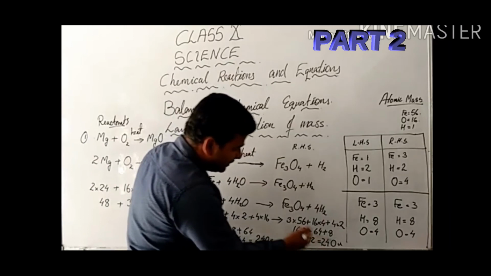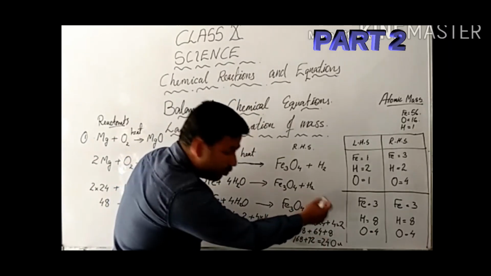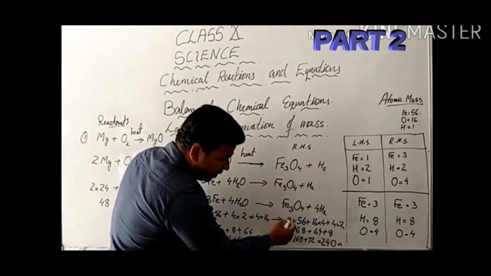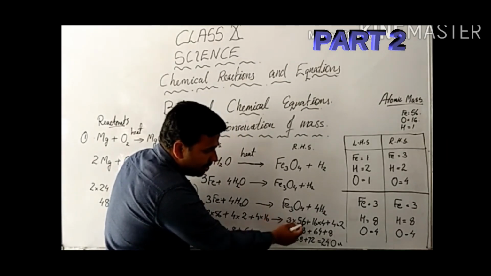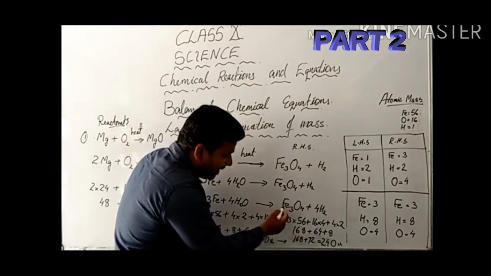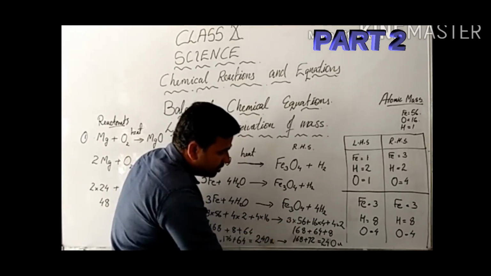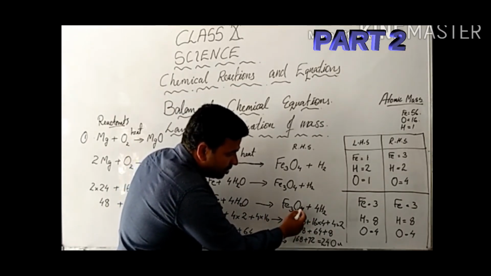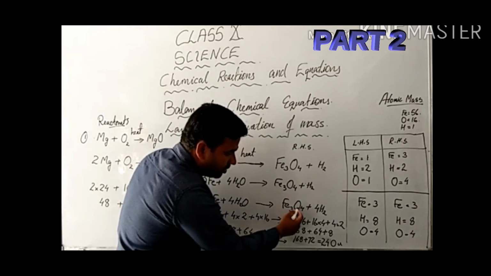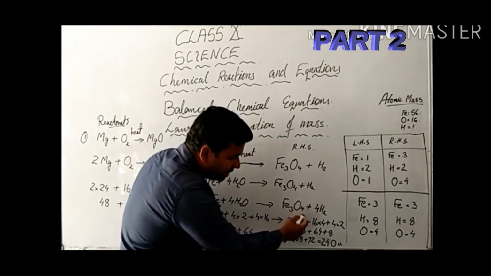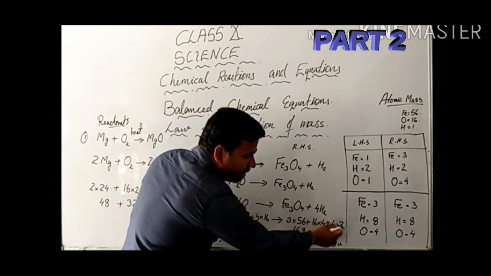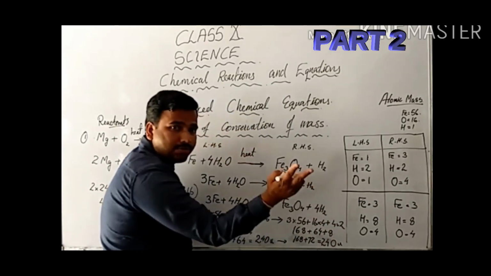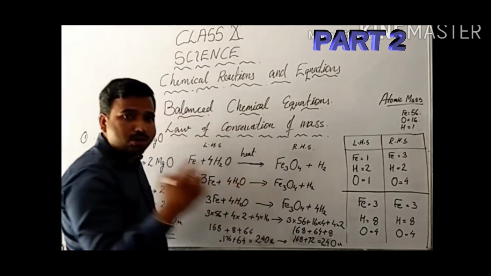When you look at the right hand side, Fe3O4 plus 4H2. 3 into 56, this 3 here, and the atomic mass of iron is 56. 3 into 56 plus 16 into 4, 4 atoms of oxygen, so 4 into 16, plus 4 into 2, 2 atoms of hydrogen in 4 molecules of hydrogen.